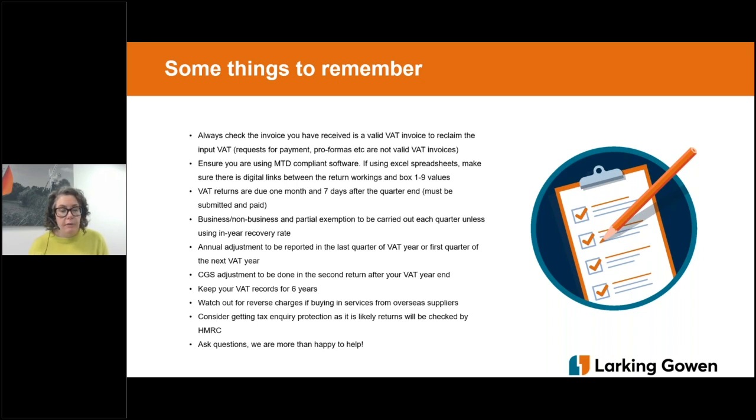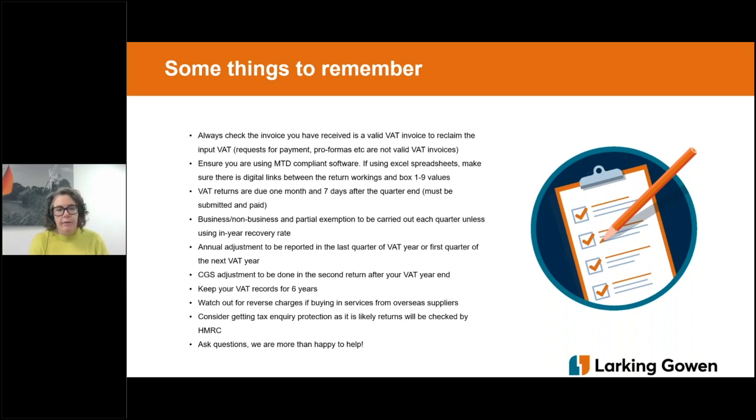If you set up a direct debit, and I would recommend that's what you do, HMRC will automatically take any payment due from you. And just be aware that they don't normally pull those direct debit payments until around the 10th day. So don't panic if you don't see the money going out on day 7. They pull them normally around the 10th, provided your direct debit's set up properly.